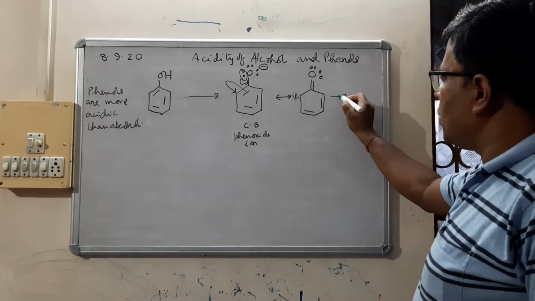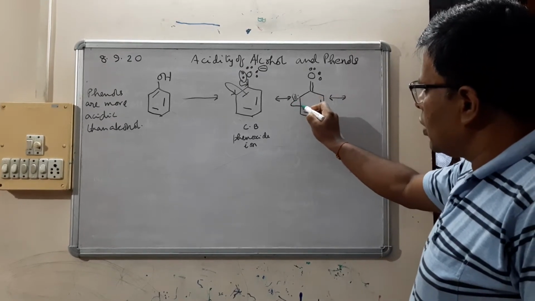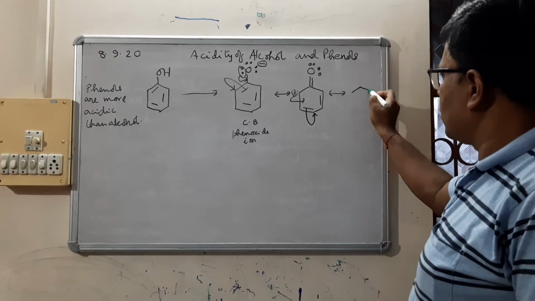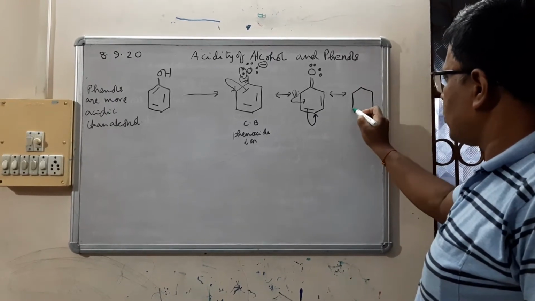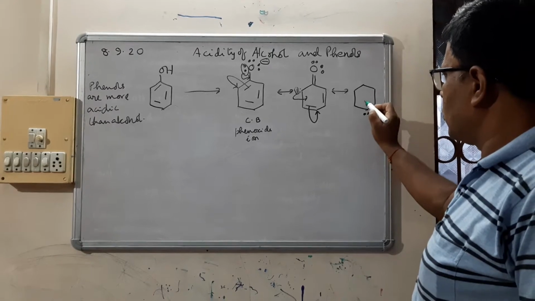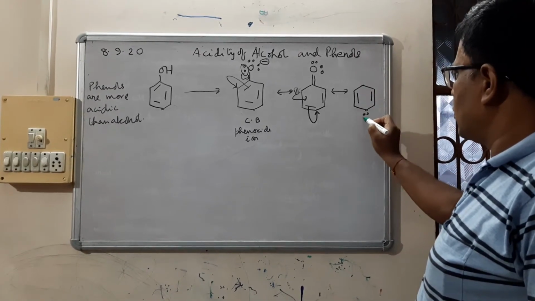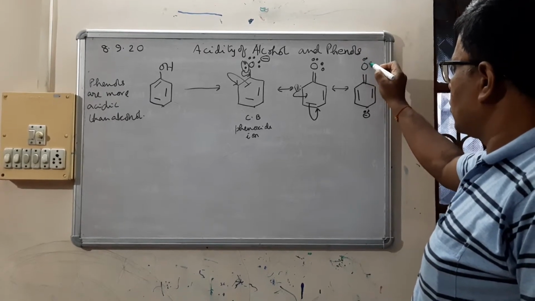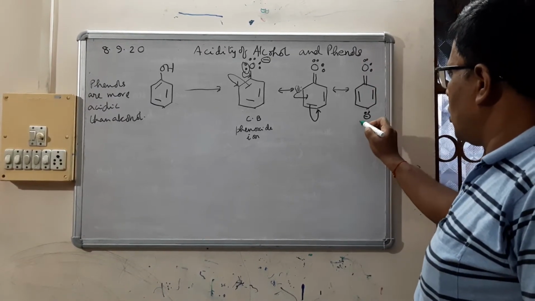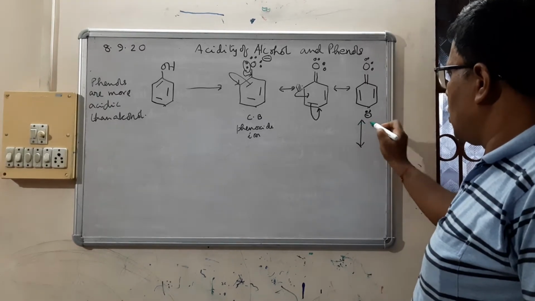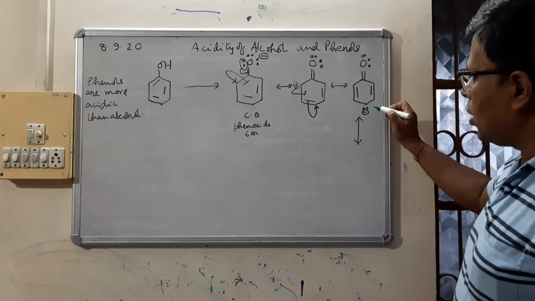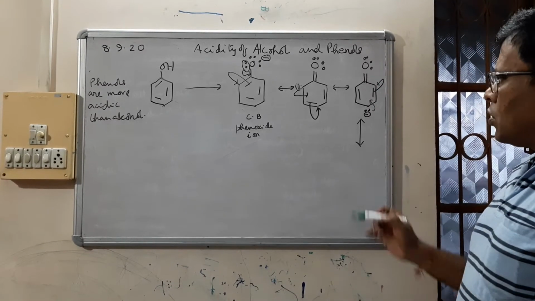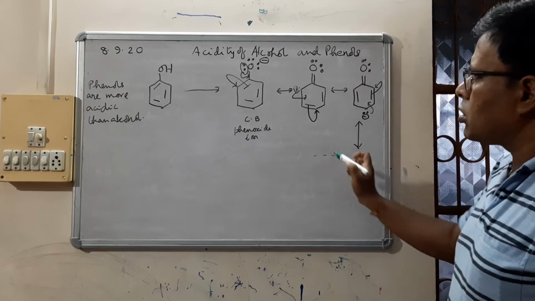Another structure will be like this: the lone pair will move here, and then this one will come over here. In this way, in the next structure, this one will go here, and this one will continue.